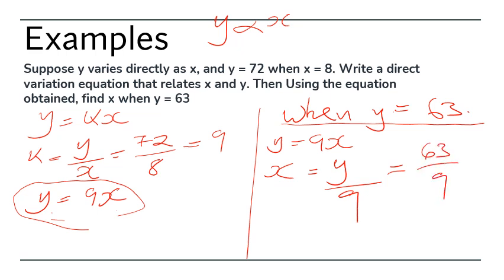So 63 over 9 is 7. Therefore the value of x will be equal to 7. It's as simple as that. Let's proceed.